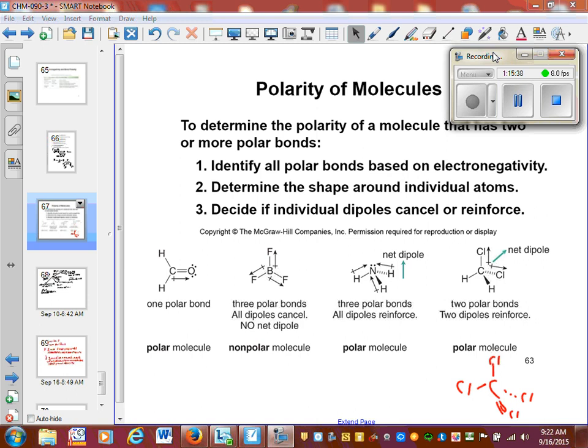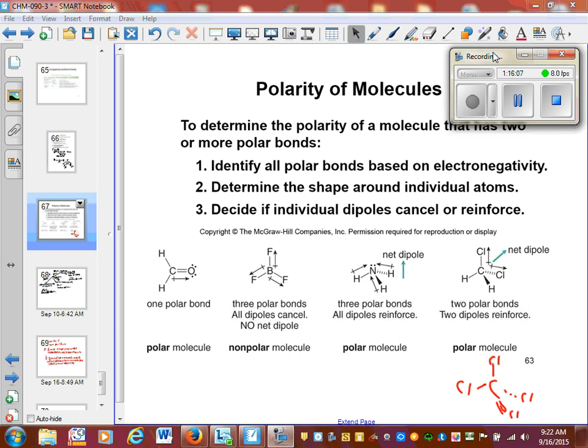If I were to replace one of the chlorines with a hydrogen, now it becomes polar. If it's two of the chlorines with hydrogens, it's still polar, because it's not symmetrical. Three of them with hydrogens, it's still polar.